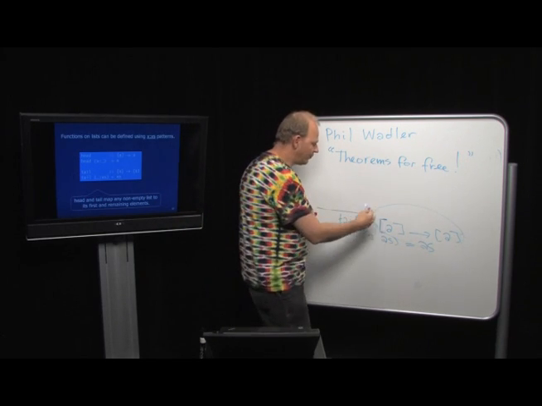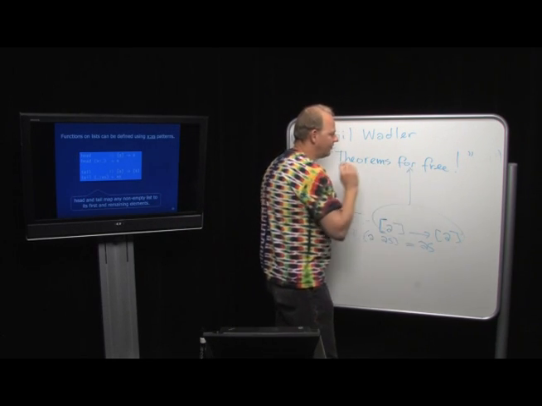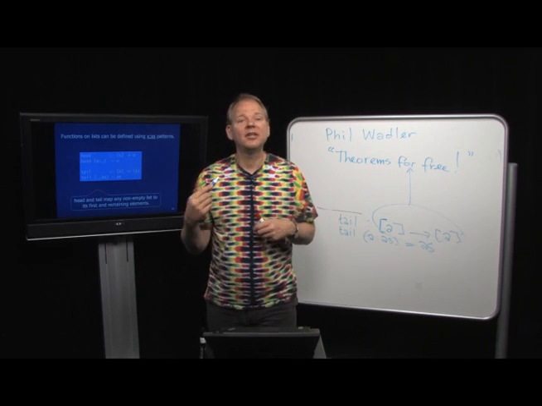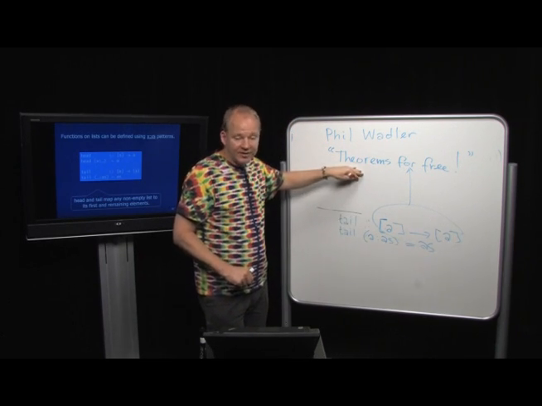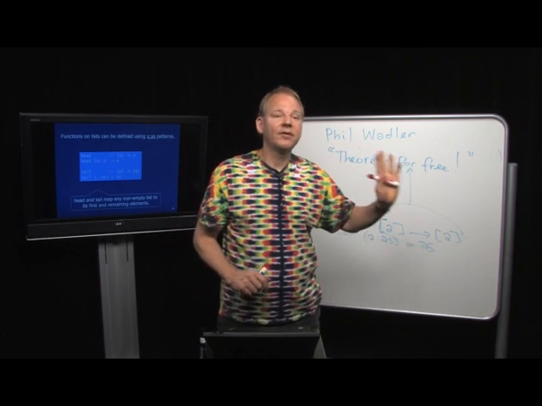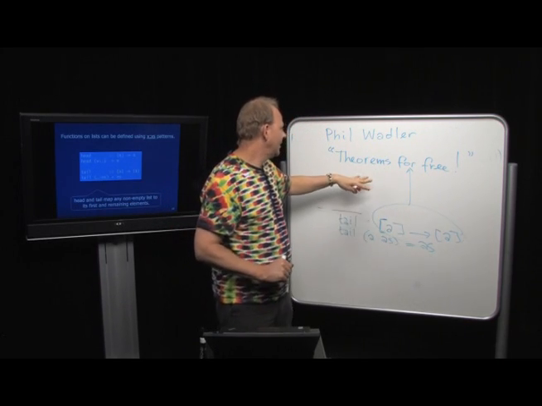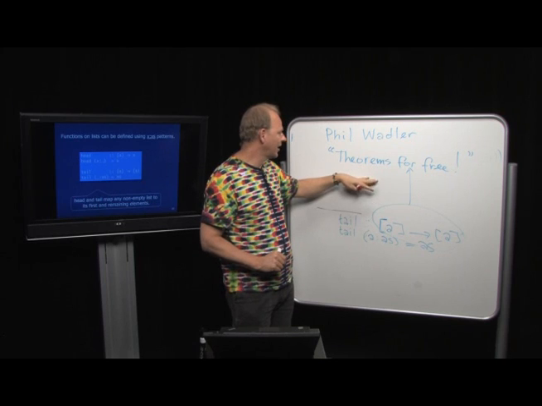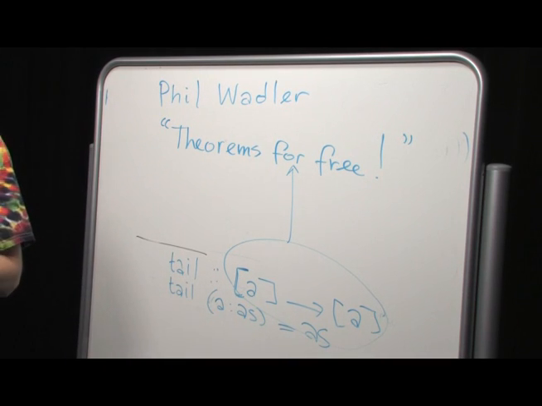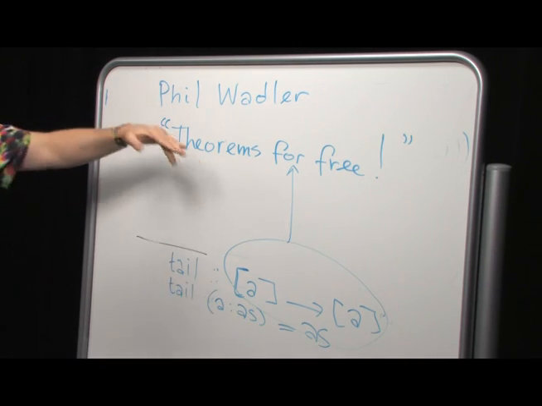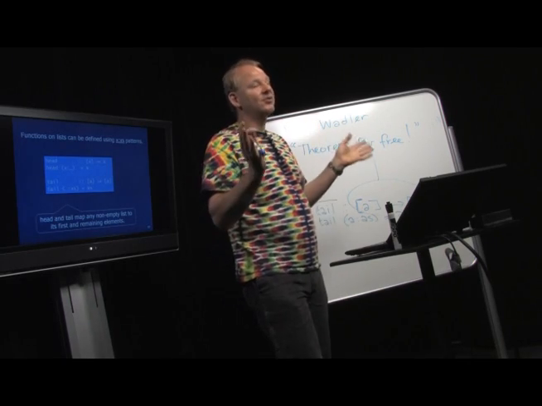So the fact that you have a pure language allows you to infer a theorem for each type. I can really recommend everybody read that paper. It's one of the best papers in the functional programming literature, and every year around Christmas time I print it out again and I read it again, and it's just a joy to read.